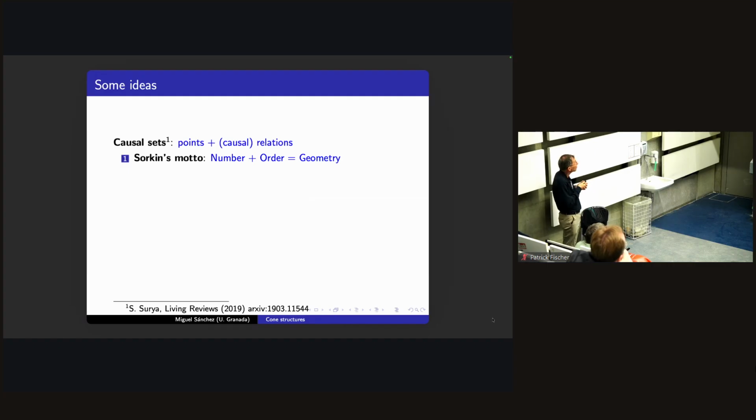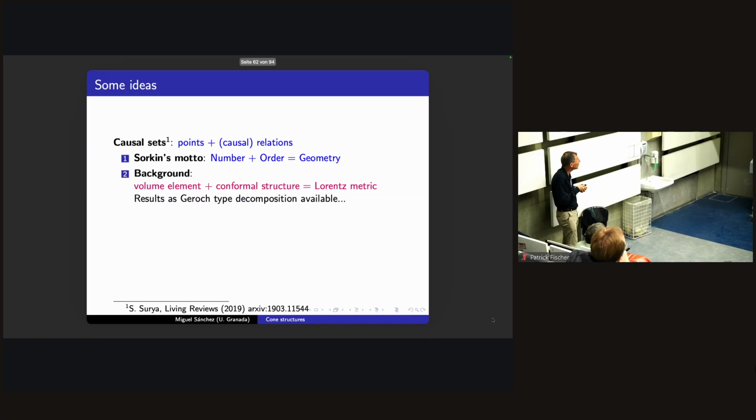According to Sorkin's motto, number plus order equals geometry. The background for this is that a Lorentz metric is determined by a volume element, which plays the role of number, and the conformal structure, which is the order. It's nice that even some decomposition of Geroch type can be obtained in this setting, in a conference during the pandemic that he organized here. I spoke a bit on this.